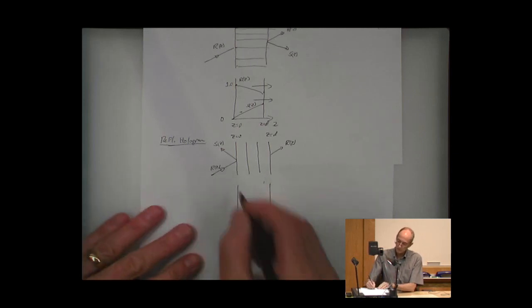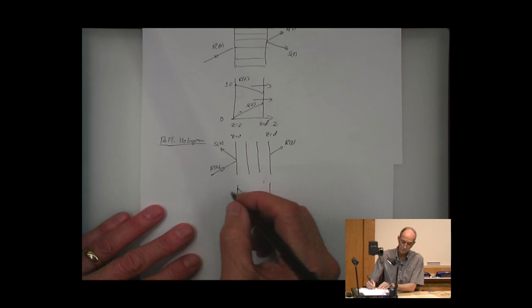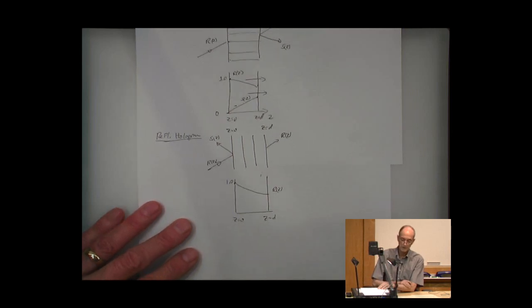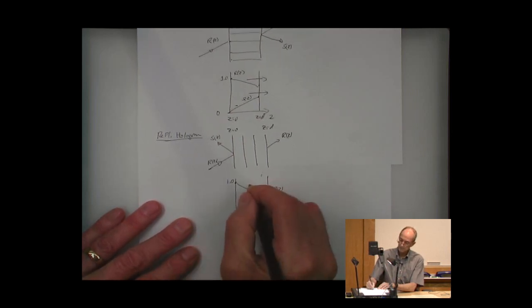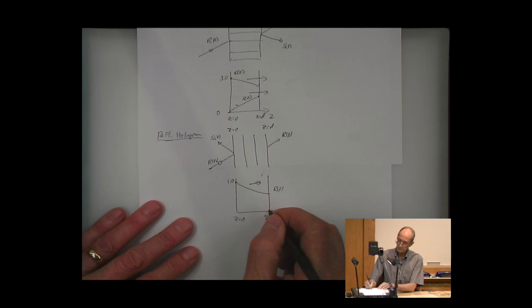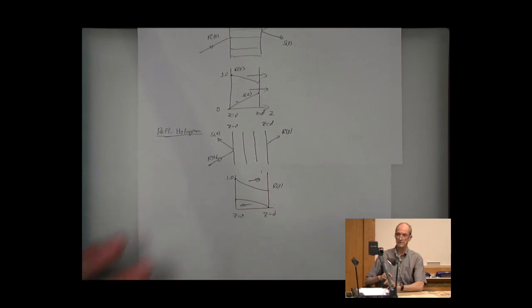All right, so our r now is going to deplete as we go through. Start out with value of 1, and we have some other value r of z on the back face here, and it's moving in that direction to the right. But the s now has a value of 0 on the back face at z equals d and grows towards the front face, and it's moving in the opposite direction.